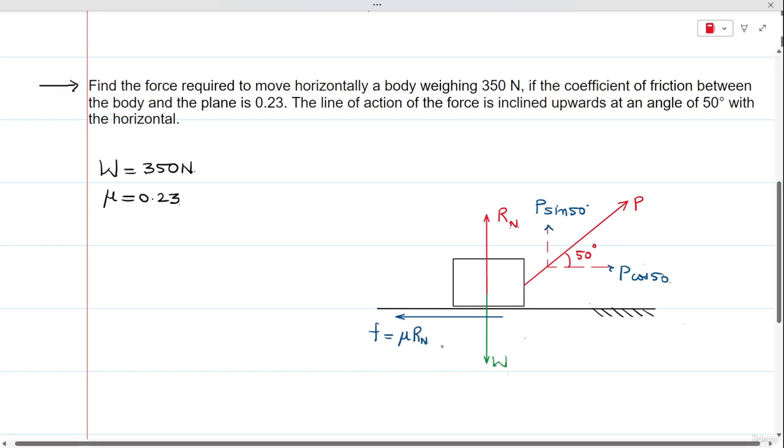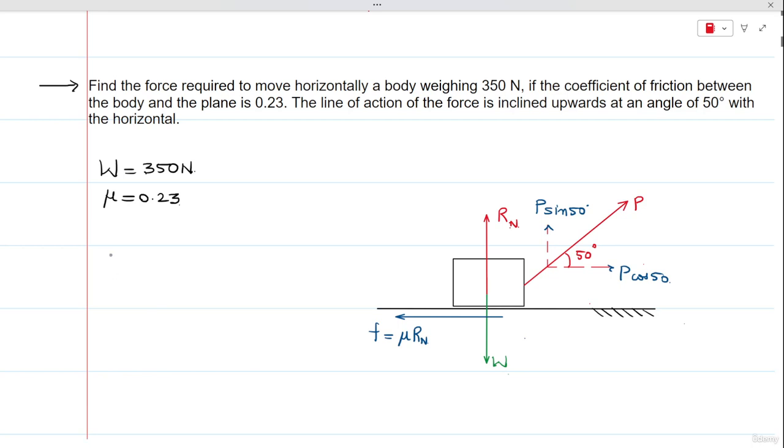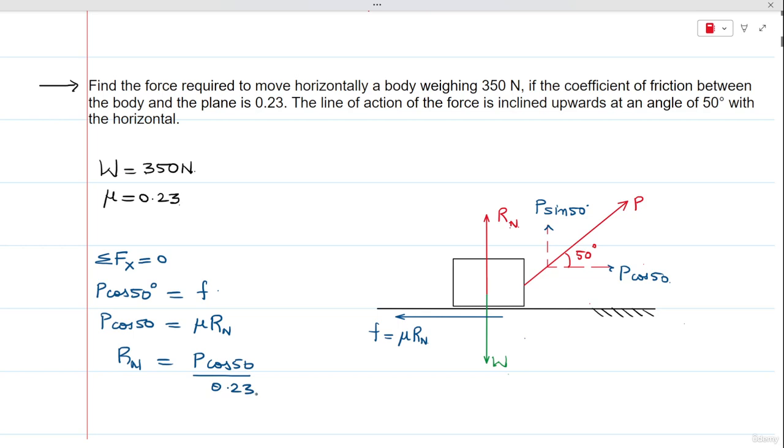So now we need to consider the equilibrium of forces in the x as well as in the y direction. Sigma Fx equal to 0, that is P cos 50 is equal to f, that is rightward force is equal to leftward force. So P cos 50 is equal to mu times Rn, and Rn here would be equal to P cos 50 divided by 0.23.